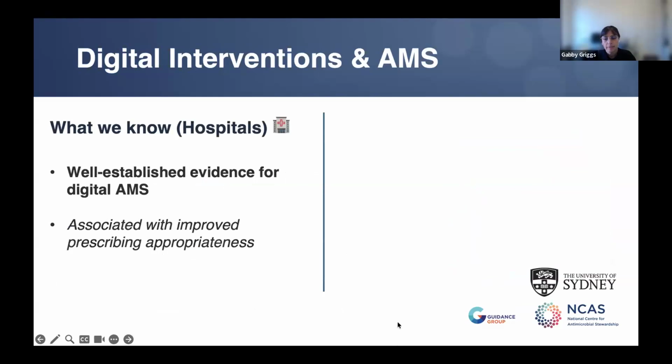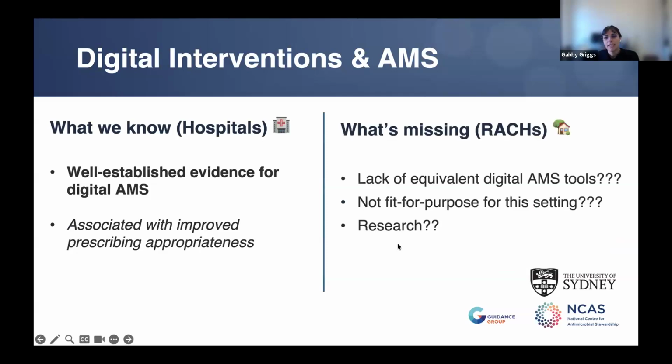Digital antimicrobial stewardship interventions is a well-established area in hospital settings. There's a large body of research on tools such as electronic prescribing systems, alerts, and audit and feedback. And these digital interventions are associated with improved appropriate antibiotic use. But when we turn to aged care, the picture looks very different compared to hospitals.